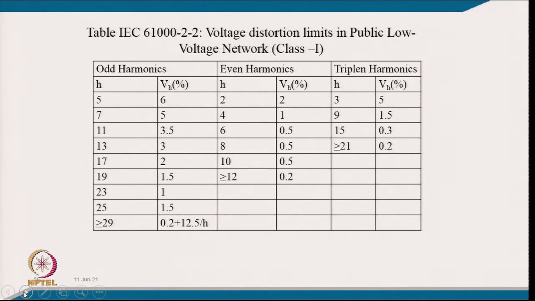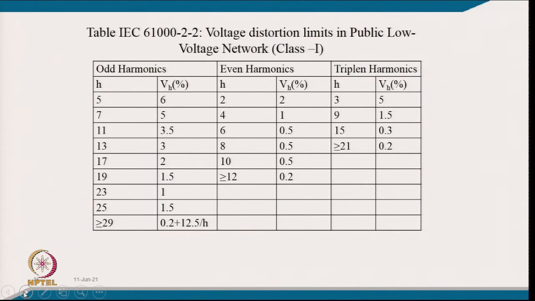Similarly, IEC 61000-2-2 is for the voltage distortion limit in public low voltage distribution systems, like Class 1. All the 220 volt or 230 volt distribution systems come under this category, and for the different harmonics, as you can see here, for the fifth harmonic it is given as a percentage, and the permitted value is typically of the order of 6%.